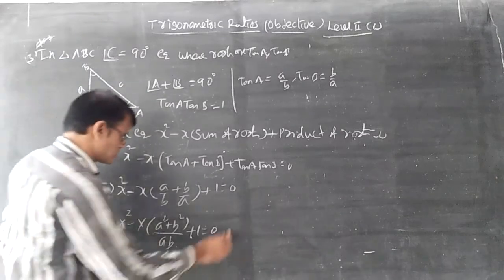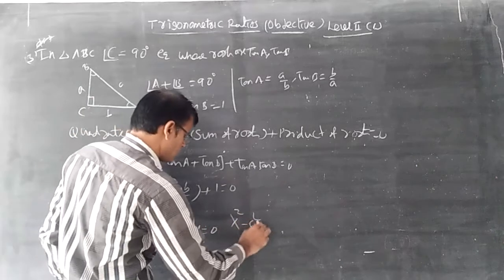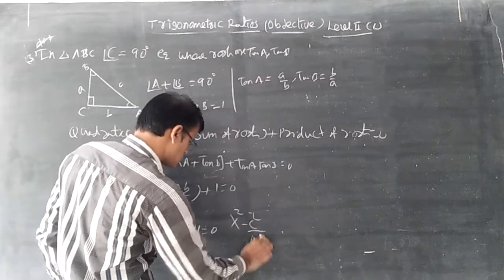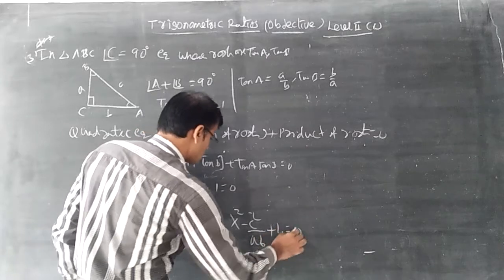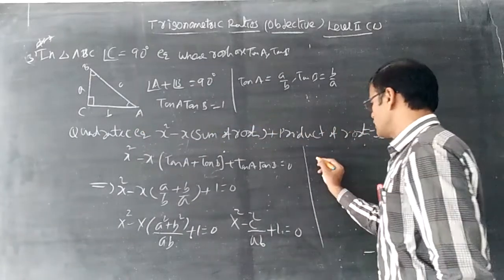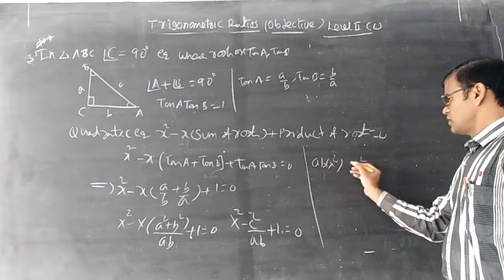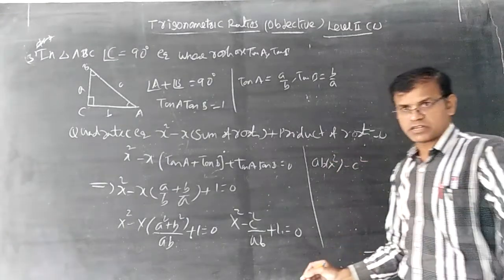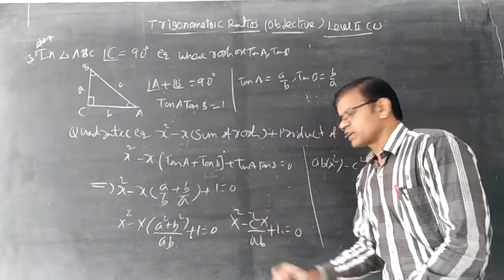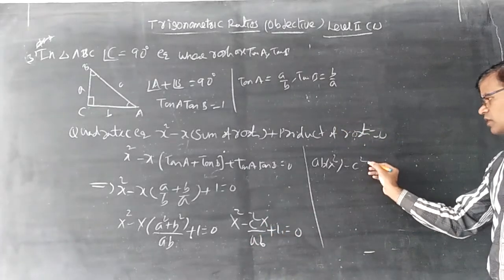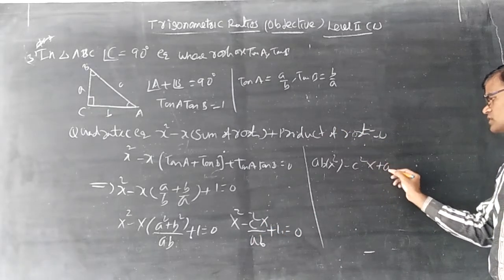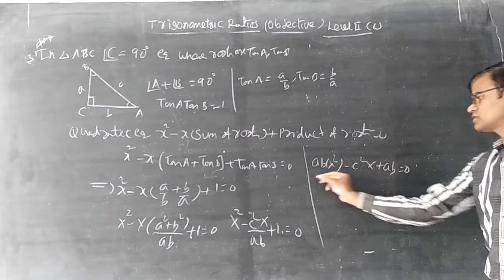Apply here: x square minus c square by ab into x plus 1 equal to 0. Take the LCM: ab into x square minus c square into x plus ab equal to 0.